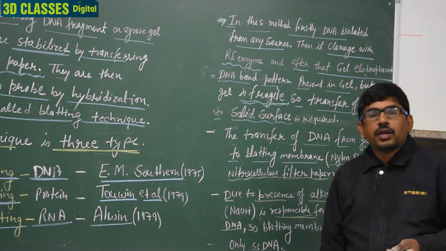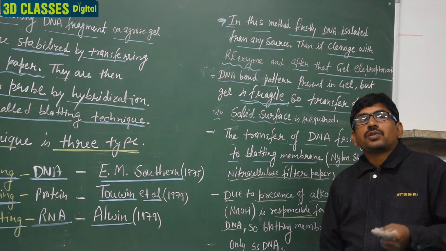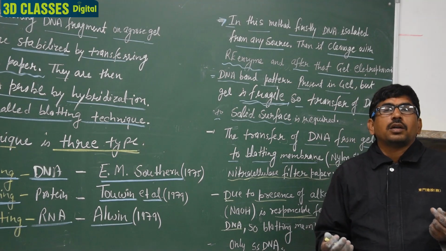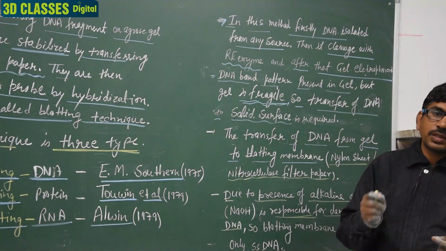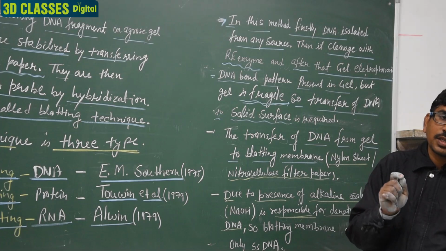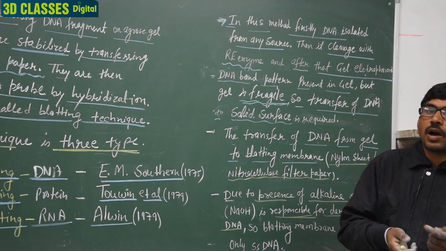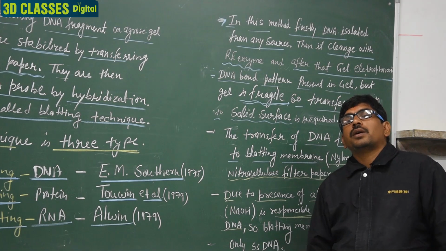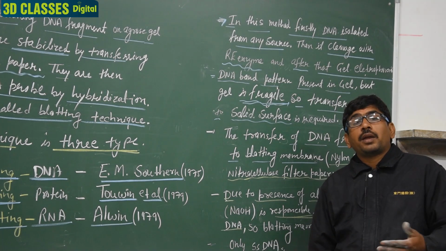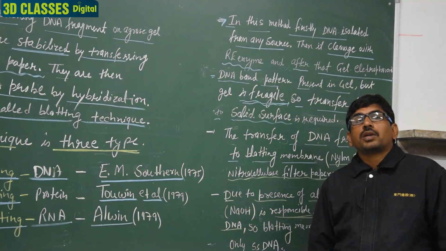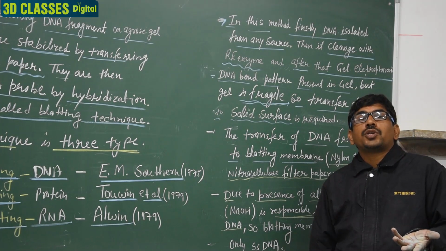Denaturation of DNA. Due to the presence of the alkaline solution, the gel contains dsDNA, but the membrane sheet contains ssDNA. How is this possible? Because we transfer the gel into the alkaline solution, and at that time the alkaline solution breaks the hydrogen bonds and the DNA denatures.